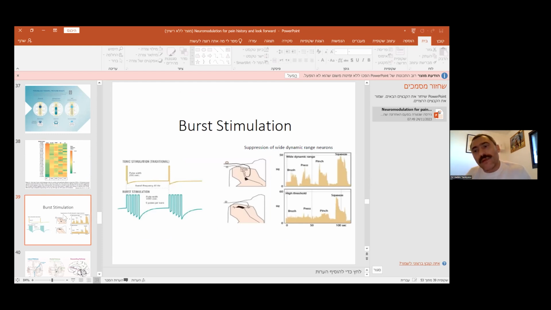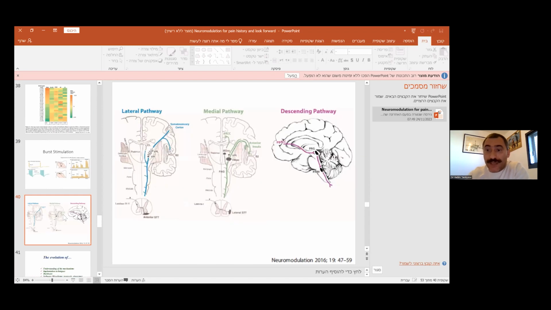Another step in the development was introducing so-called burst stimulation, burst DM stimulation. The point is, in nature, there are two kinds of electricity in nerve tissue: tonic stimulation and burst stimulation, which is much stronger because of the temporal summation of the spikes. And it appeared that tonic stimulation and burst stimulation can activate different areas in the spine and in the brain.